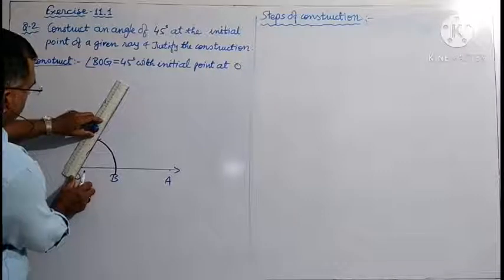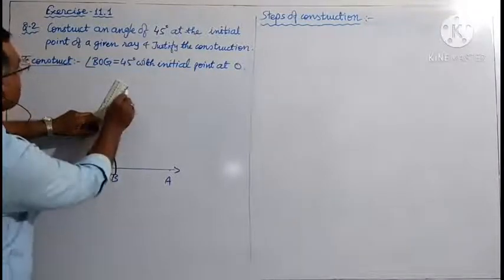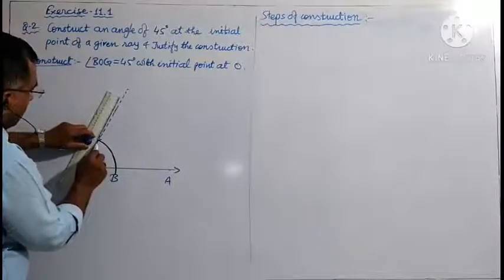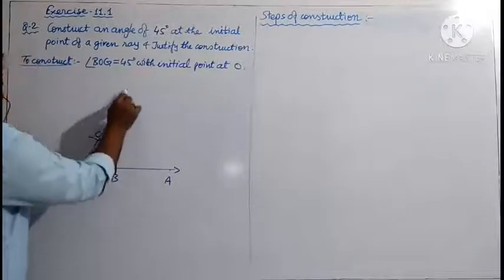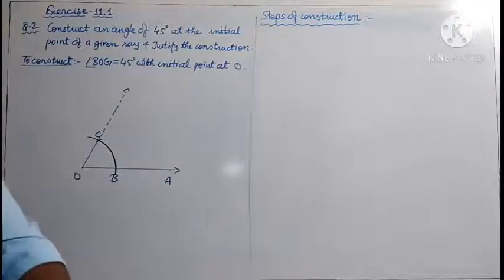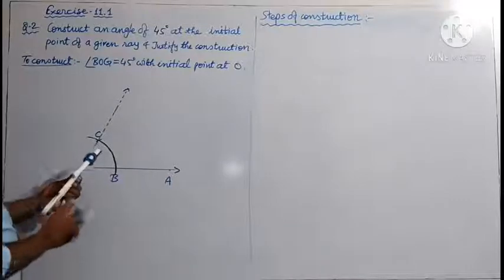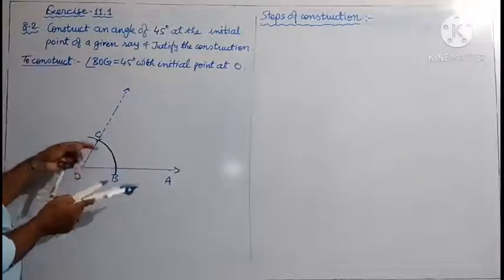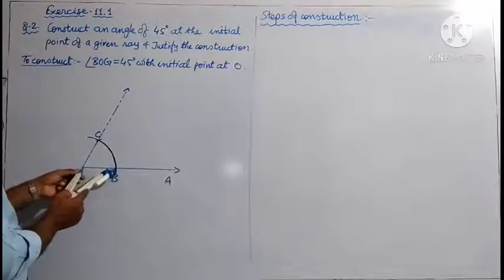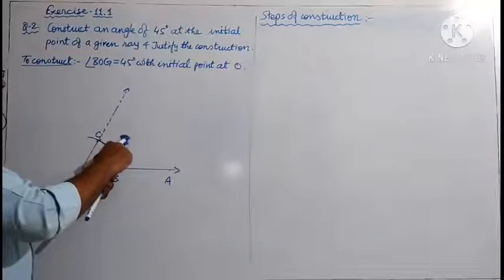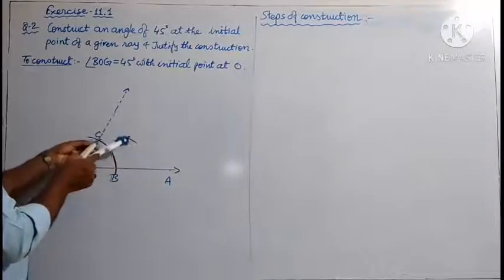Now this is 60 degree, we already constructed. Draw the bisector of angle BOC. So here we say OD is the bisector of angle BOC. Now taking this as a radius, we can draw OD as a bisector of angle BOC.